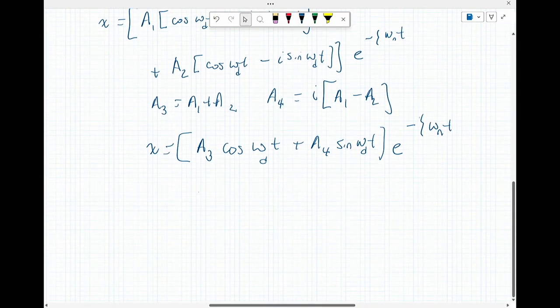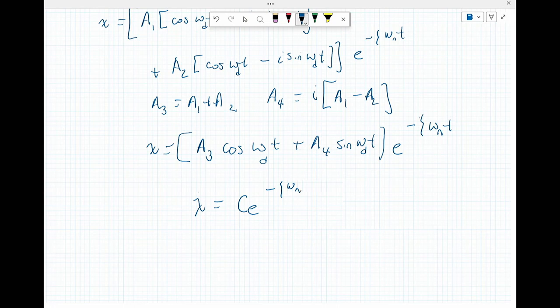And if you're bored, you can rewrite this as e to the minus zeta omega nt times sine of omega dt plus a phase angle. Both of these are equivalent solutions, just rewritten for the same case.